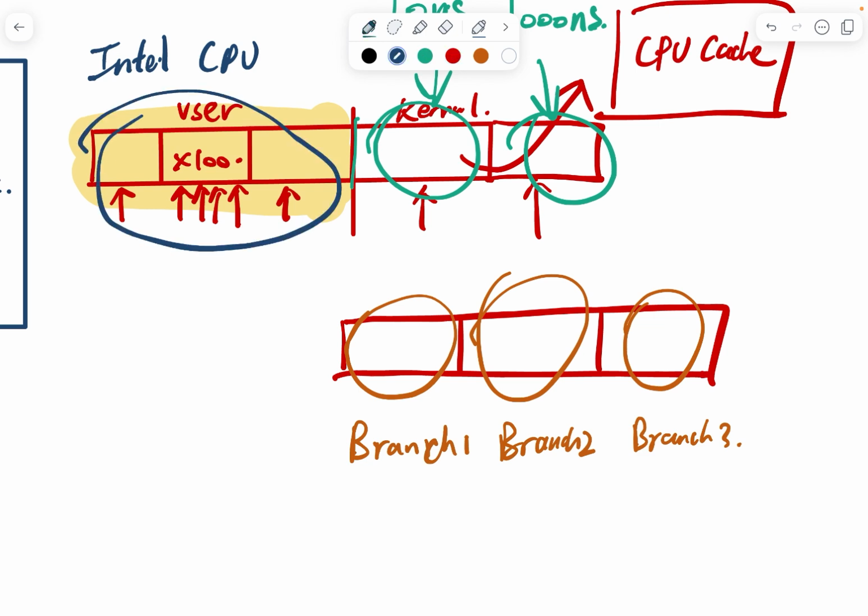We try to trick the CPU about the next cell that we're going to access, utilizing its prediction function, and then we try to access the memory that we are not supposed to access.